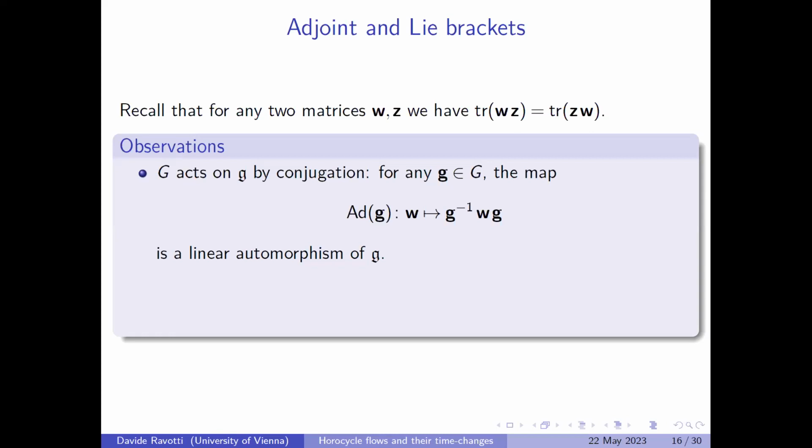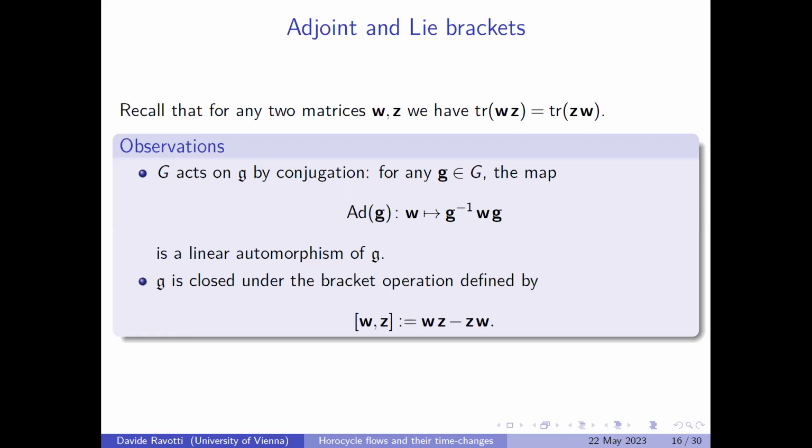And the second consequence of this fact is that little g is also closed under another operation that I would call the bracket operation. That is, take two elements in little g, W and Z, and the bracket of W and Z is W times Z minus Z times W. And again, the trace of the matrix on the right hand side is zero, so this is again another element of my little g.